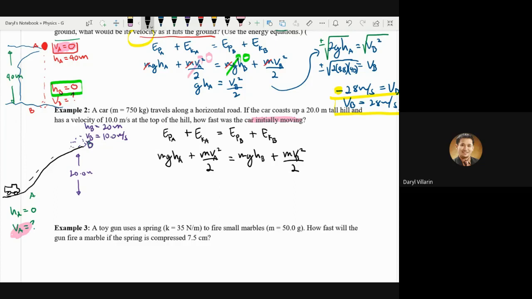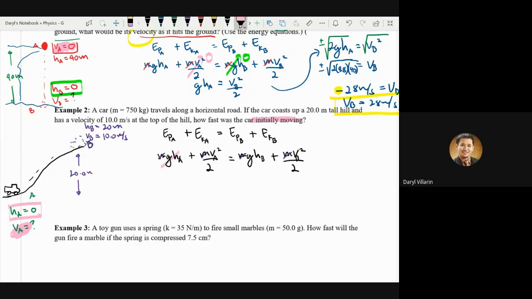Okay. So if you can see here, mass is again present in each of the terms. So I can just get rid of m. And then looking at the expression, HA is equal to 0.